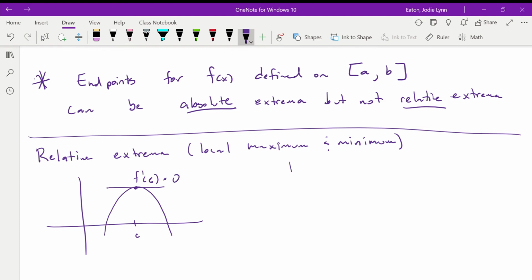Right at that extremum, we have f prime of c equals 0. Another thing that could possibly happen at a local extremum, let's look at an absolute value style function at c. We notice here that we are not differentiable because we have a sharp corner. So f prime at c here does not exist.